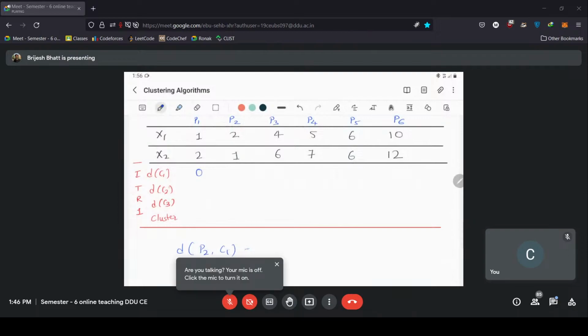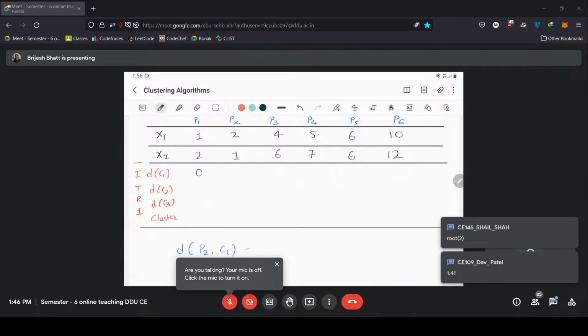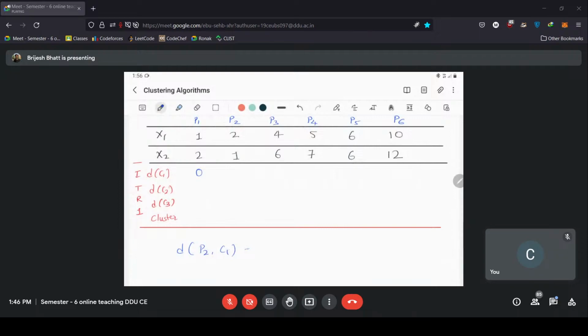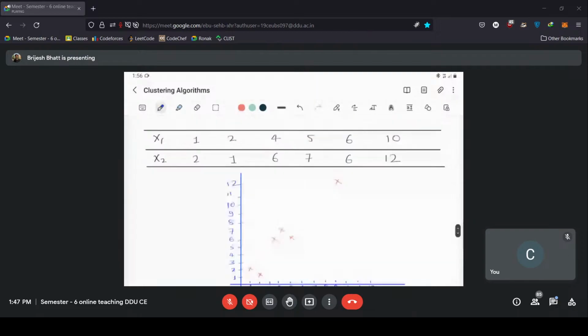It will be 1 minus 2 squared, right? So the square root of 2, which is 1.41.